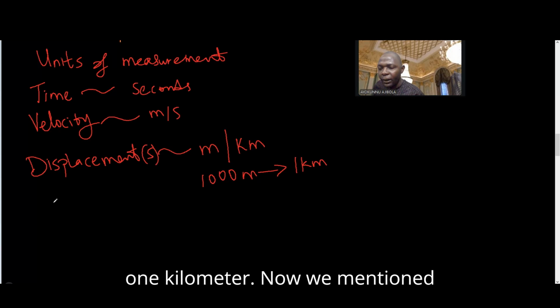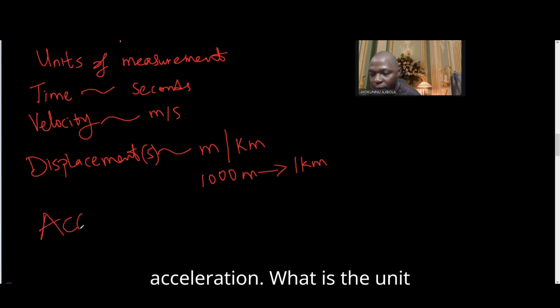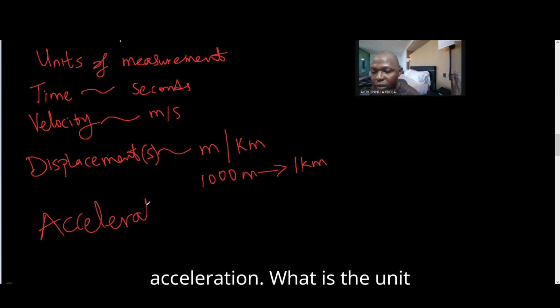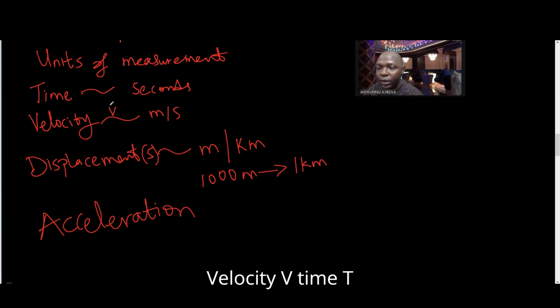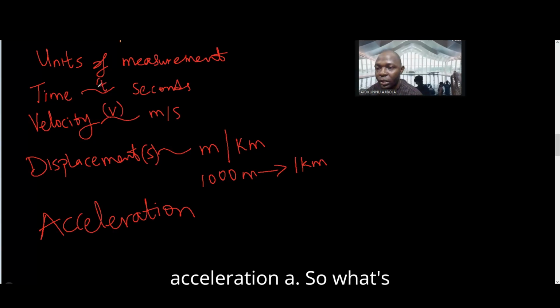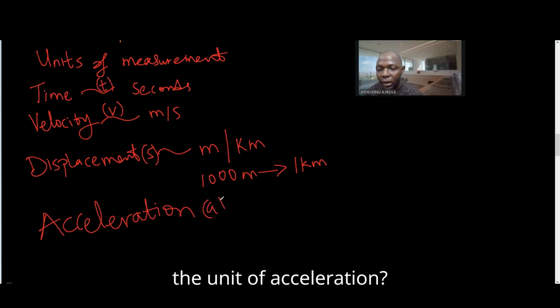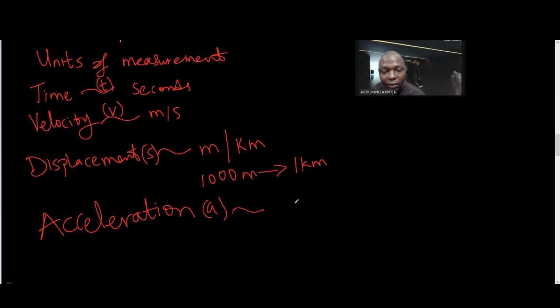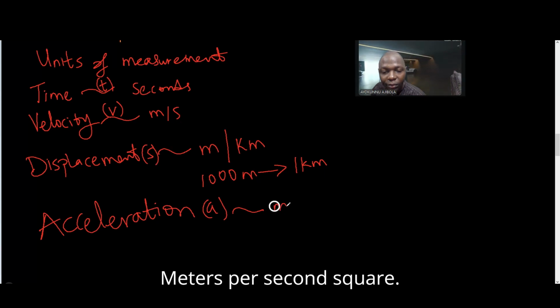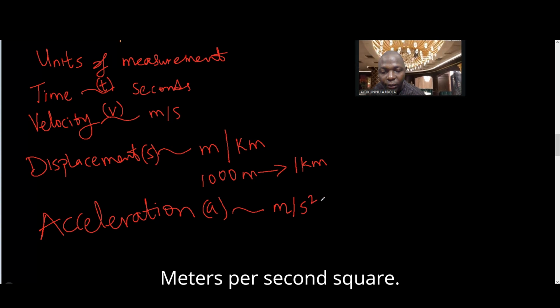Now, we mentioned acceleration. What is the unit of acceleration? Velocity over time gives acceleration a. Meters per second square.